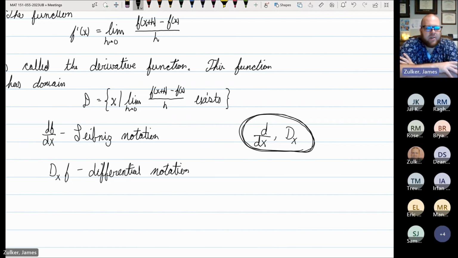Right? They operate on something. Limit is also an operation. Right? If I just write this, that doesn't make any sense. Right? So these are known as the differential operator.